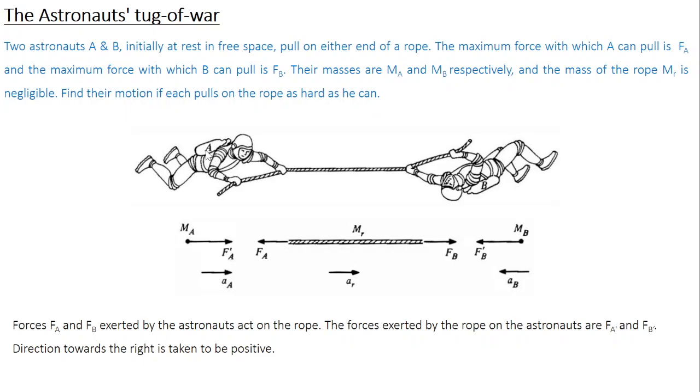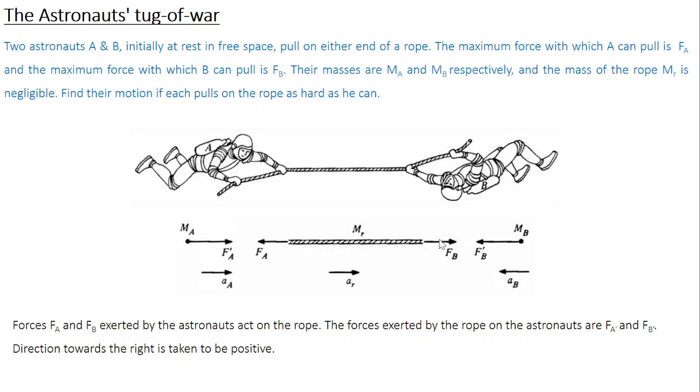So I have astronauts A and B pulling on either side of the rope, and I will assume that the force is acting on the same line, so this is essentially a one-dimensional problem. So you have the rope here, you can represent with a point dot here. So this is a point mass with mass equal to Mr, which is negligible.